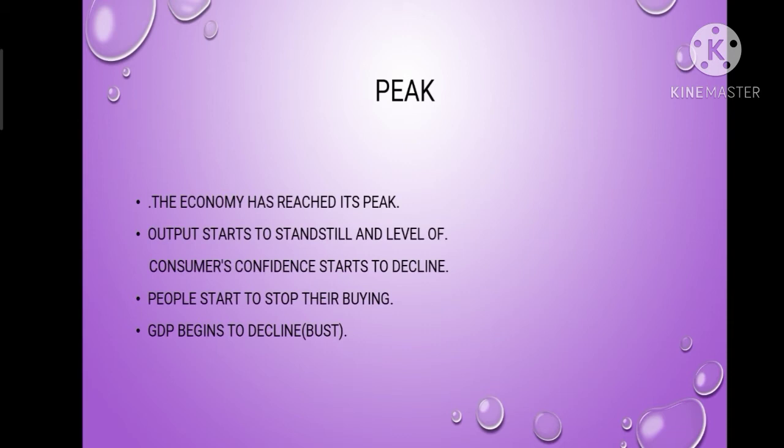This is the last stage of expansionary phase of business cycle, which is the stage peak. During this stage, economy reached its peak, output becomes constant, people stop buying, and GDP begins to decline. So these are the peculiarities of peak stage.